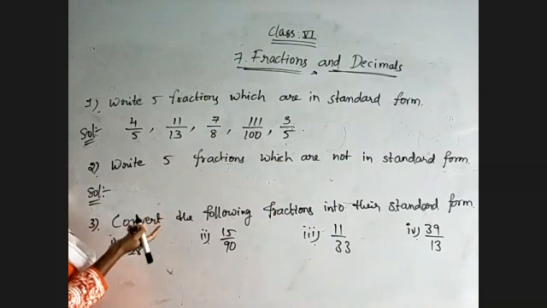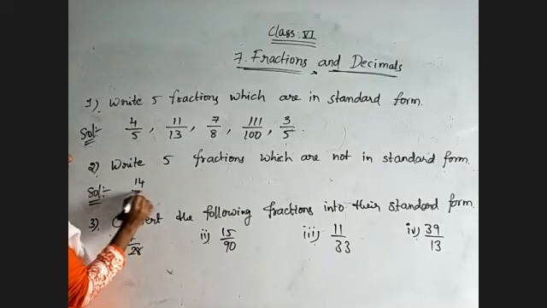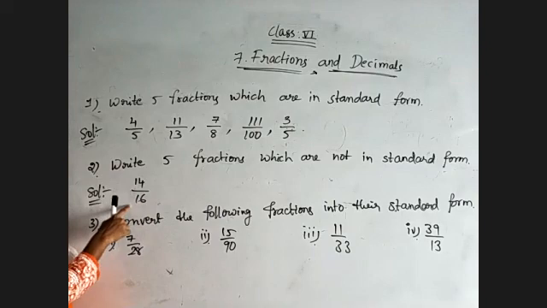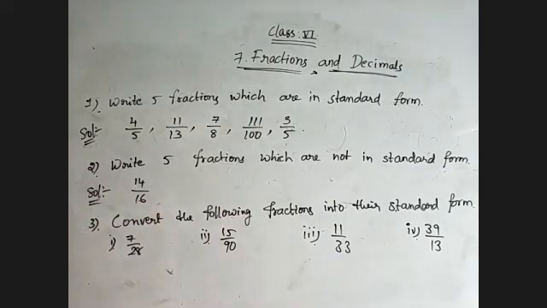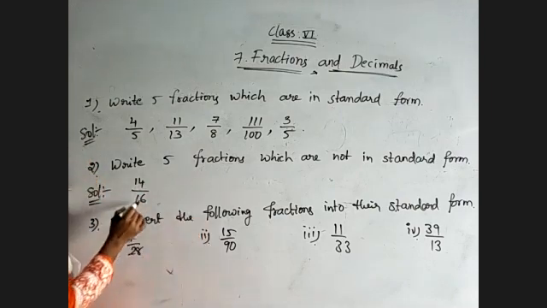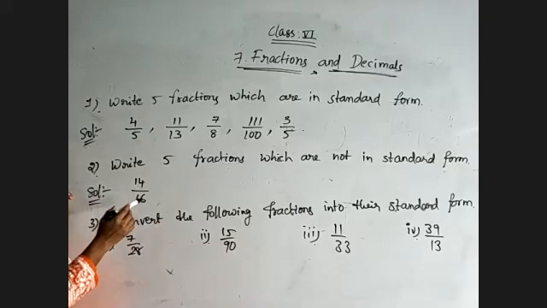And now coming to the right 5 fractions which are not in the standard form. Means cancellation must be possible. For suppose here, if you know the two tables, see just observe 2 sevens are 14, 2 8s are 16. 14 comma 16 are not in standard form. Both are having common factor 2, except one we are getting one more common factor.